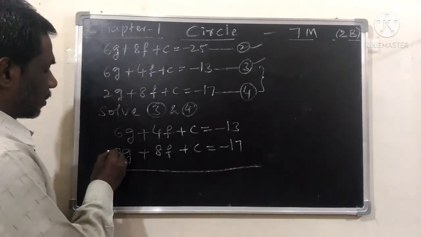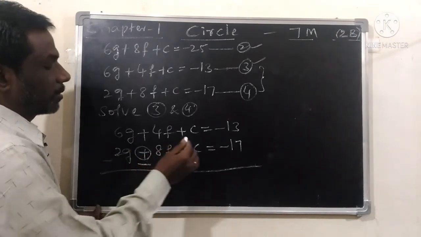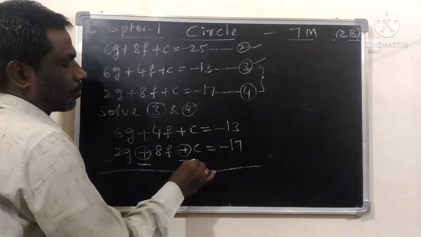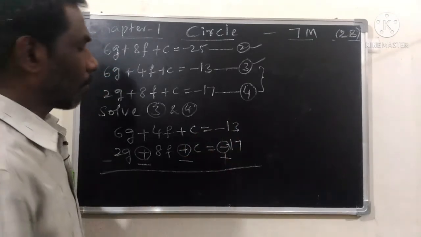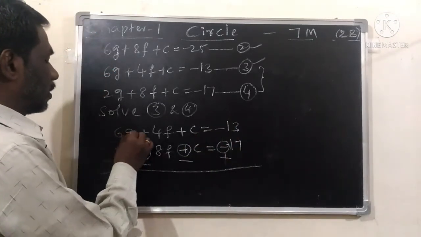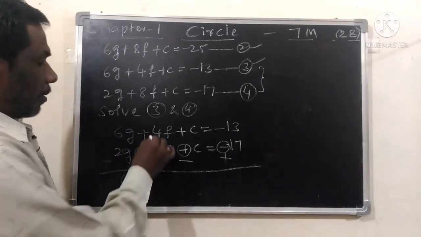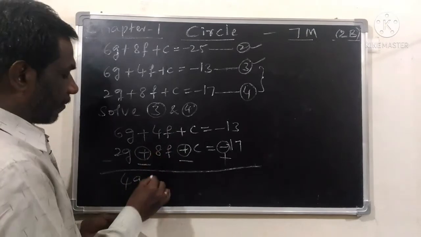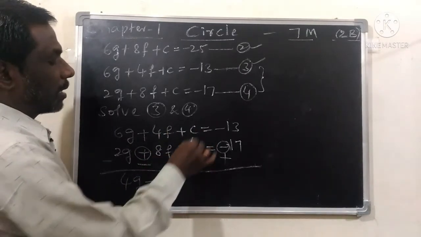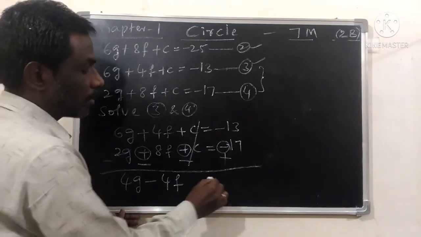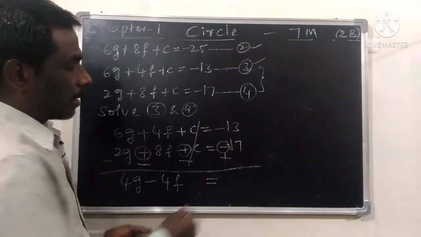Change the symbols. 6g minus 2g is 4g, plus 4f minus 8f is minus 4f, and plus c minus c gets cancelled, equals minus 13 plus 17, which is 4.